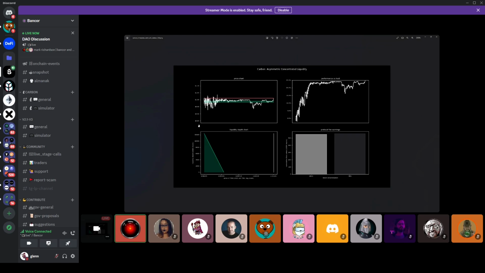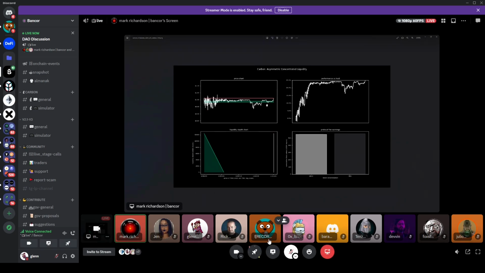Whereas with Uniswap V3, it really is a market making protocol, right? It's trying to keep the spread constant, sure, but it's also trying to make a market wherever that market happens to be, and you're trying to guess where that market's going to be. So in this particular case, because of that strong volatility that we had, not just at the beginning but also halfway through and towards the end, that gave carbon a very significant boost.